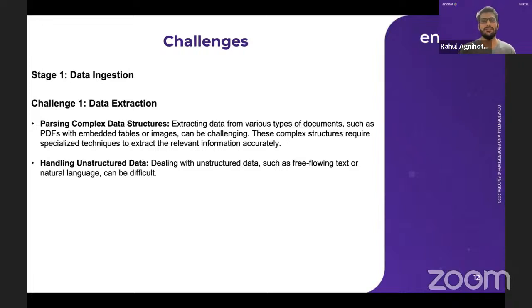And this could be a very challenging part. We'll look into one example later of a potential challenge in parsing complex data structures. Unstructured data is just text, so it will have a different method of extracting relevant information, or parsing it.